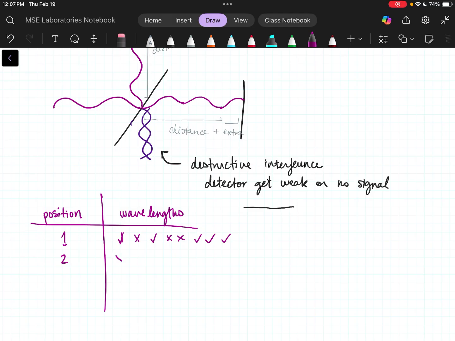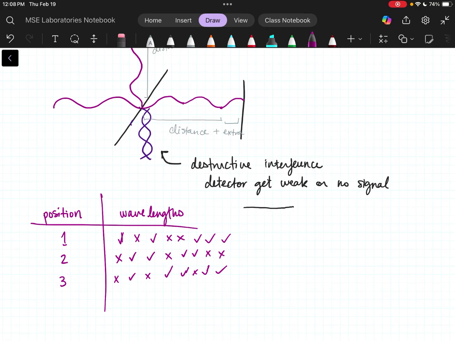And this would be like the detector is seeing these wavelengths and it's not seeing these wavelengths. At position 2, maybe it moves a little bit to the right-hand side, we're going to start missing some of the wavelengths.